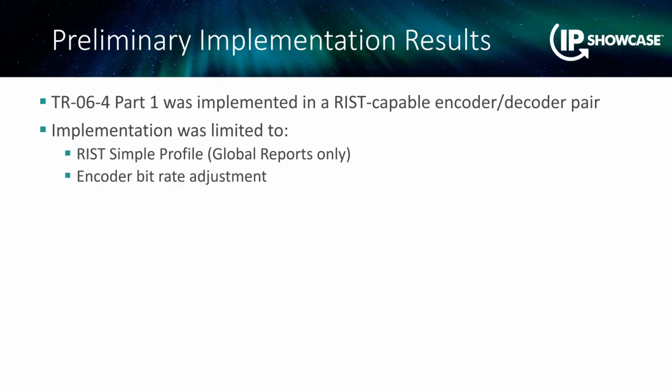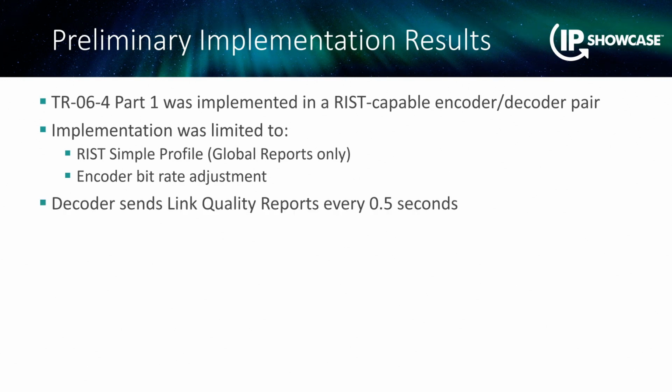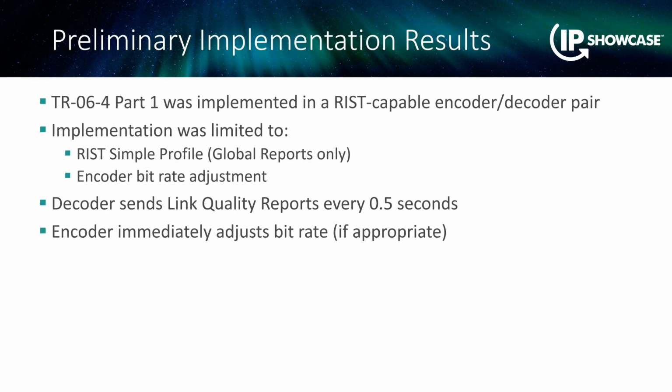We just did the simple profile and encoder bitrate adjustment. For this presentation, it's not multi-link. And we fixed the reporting interval to half a second. You don't have to do that, but we did that. And the encoder will immediately adjust bitrate if it's appropriate. If it decides that it needs to, you immediately adjust.